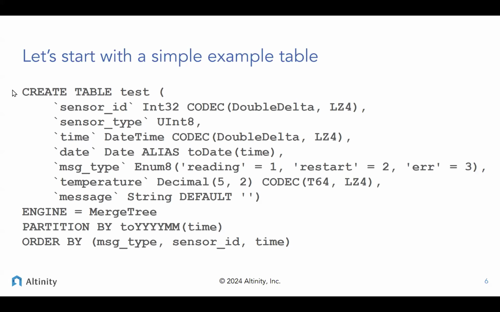And within that partition, if you go and look inside it, you may see the data, if there's enough of it, divided up into a number of parts, which are just additional subchunks, if you will, of data under that partition key. And then finally, it's ordered, in this case by message type, sensor ID, and finally time. This ordering ensures that, for example, our queries run quickly, that we get good rates of compression, and so forth. So much for data design.